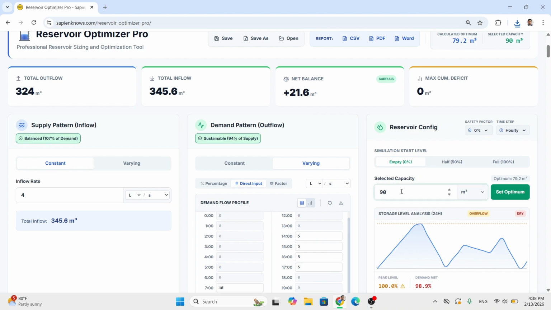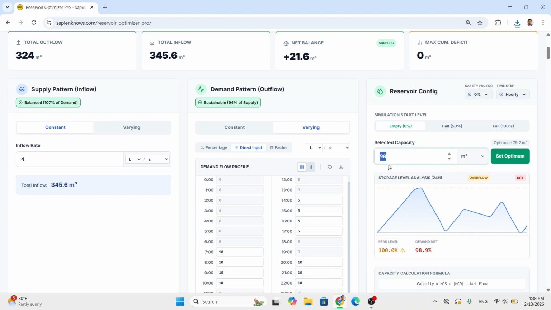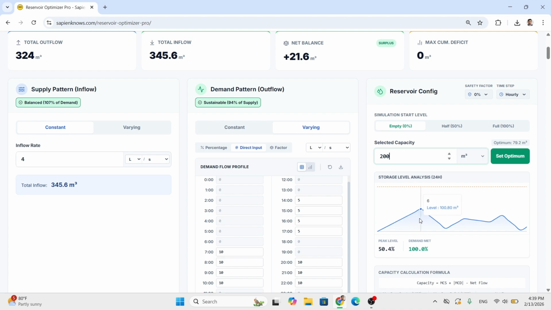If we have selected a much larger tank, for example, we are designing or choosing a tank size of much larger capacity, like 200 meter cube, we can see the storage level in the tank will never be full.